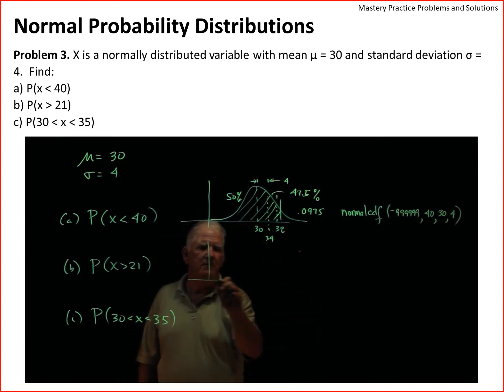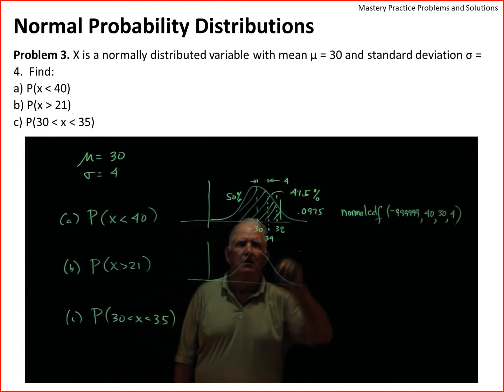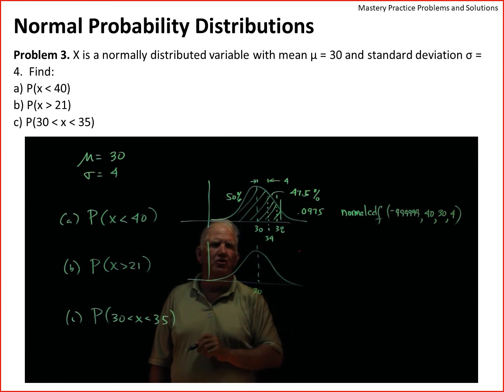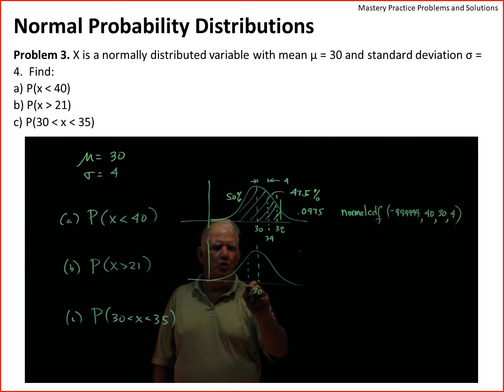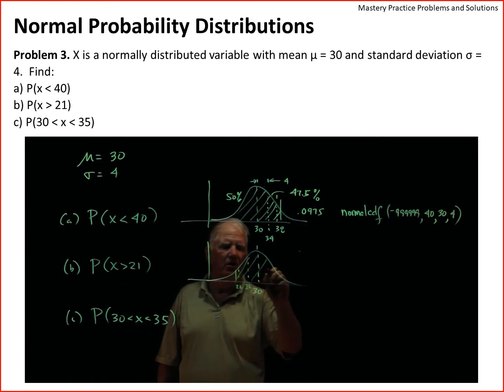Likewise, let me do the same thing here. Here comes the same normal curve, 30 and 4. If this is 26, one standard deviation away, and this is 22, then this is 21, and you're being asked to find all of this area.